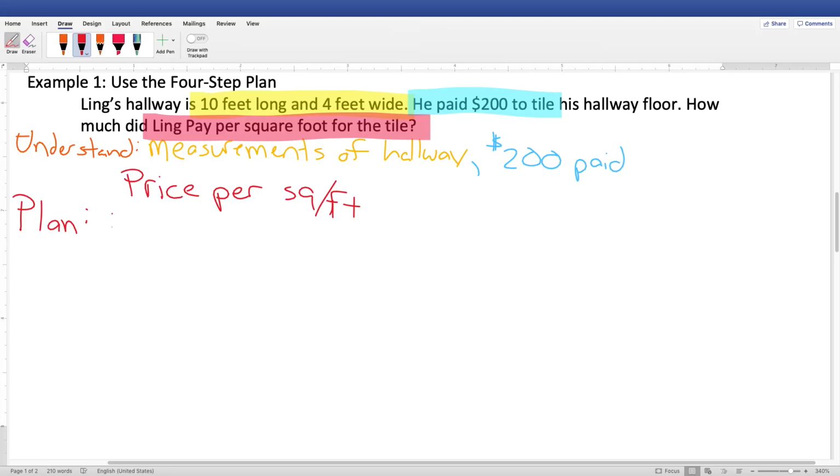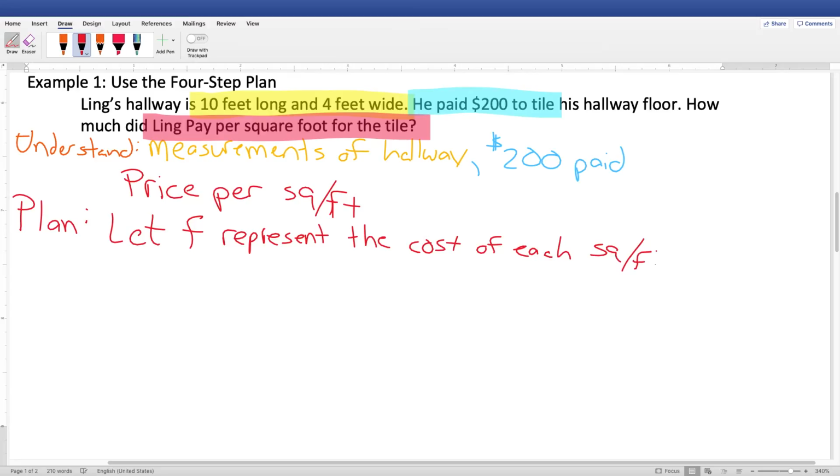We're going to write: let f represent the cost of each square foot. So we're going to let the letter F represent the cost per square foot. So that's how you define the variable.